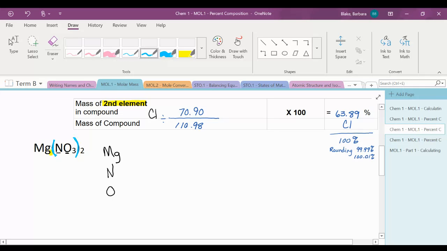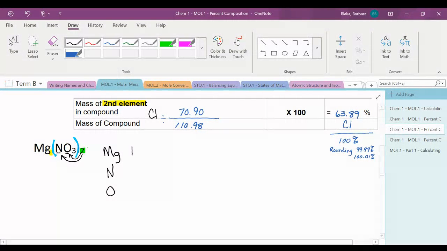So this 2 has nothing to do with magnesium. Instead, yes, I've got a 2, but that 2 is only going to apply to what's inside the parentheses. So the nitrogen and the oxygen, and magnesium's not part of that. So magnesium doesn't have a subscript, and that means that it has 1 piece of magnesium. But nitrogen and oxygen are in the parentheses, and that means that they're both affected by this 2.